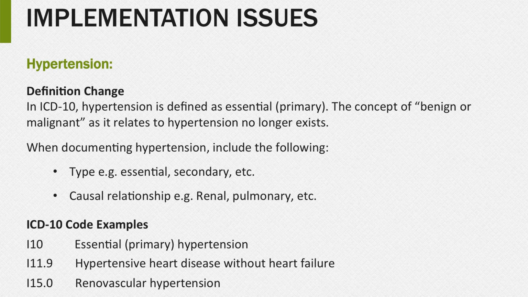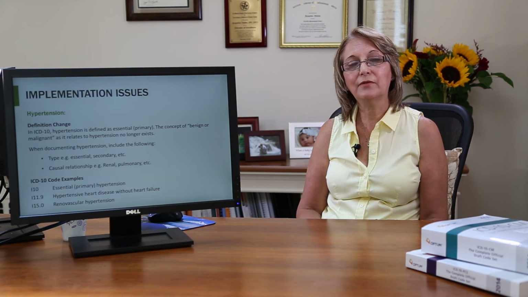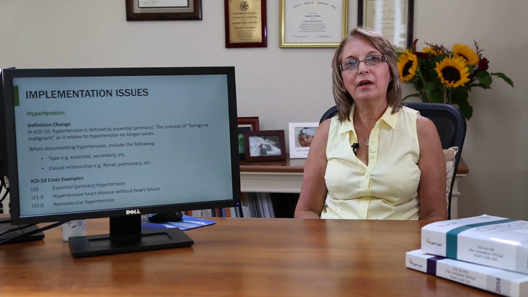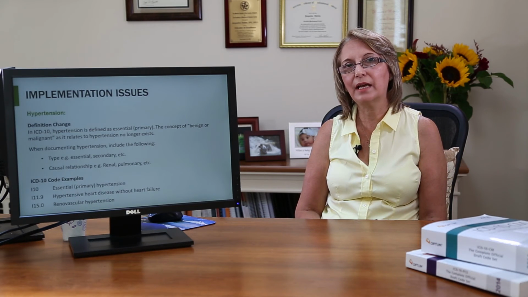Therefore, the hypertension table formerly utilized in ICD-9 is no longer required. Hypertension is now identified by the type of hypertension, whether it's essential or secondary, etc., and any causal relationship such as renal or pulmonary. So now when we go to find our codes for ICD-10 for hypertension, inherent in the code itself is that relationship, whether it is related to heart disease or heart failure, or it has some renal vascular hypertension.